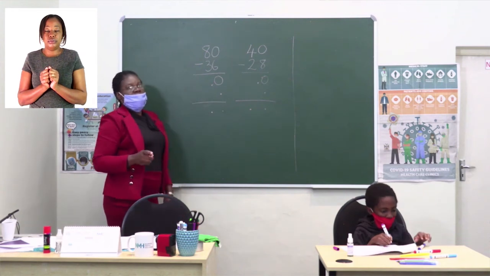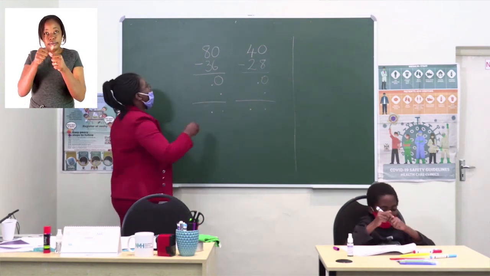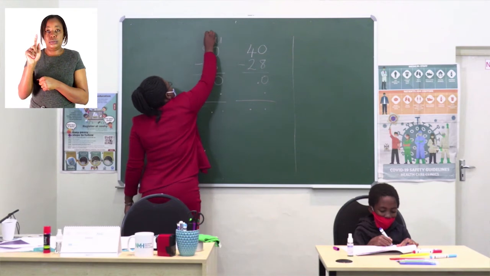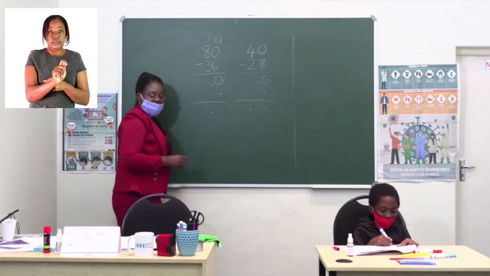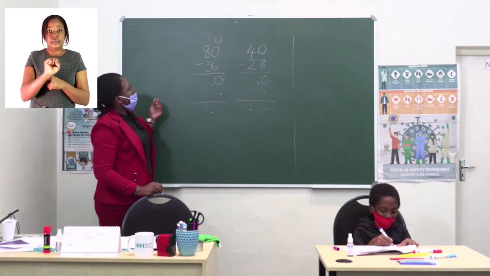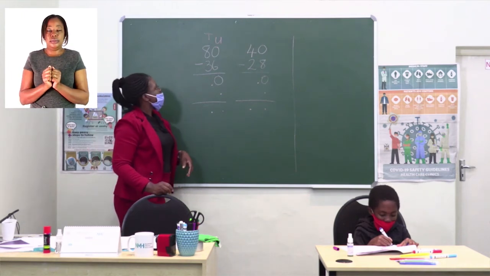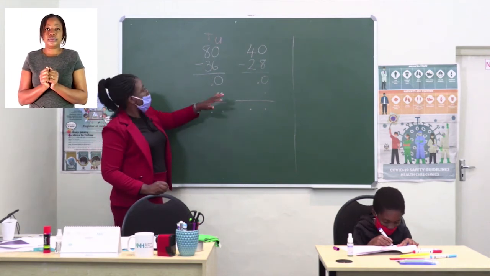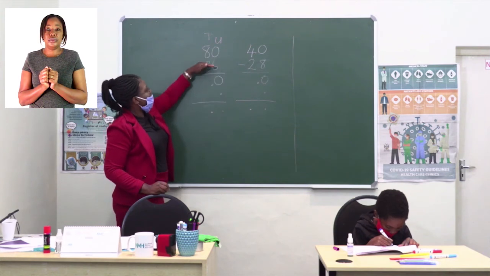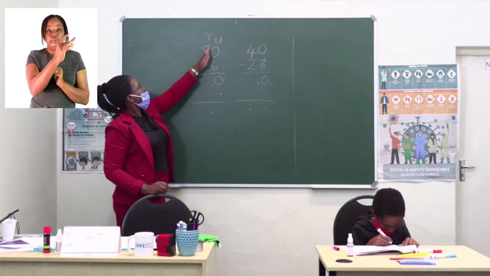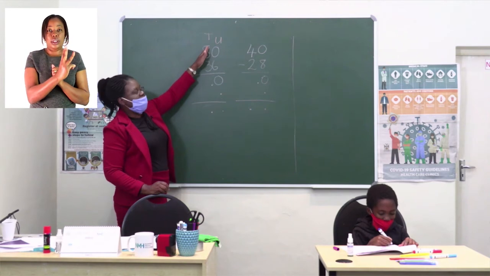Remember your place values again. These are the units and those are the tens. So in this exercise and on this method, what we are going to do is 80 take away 36. These are the tens. How many tens do I have here?